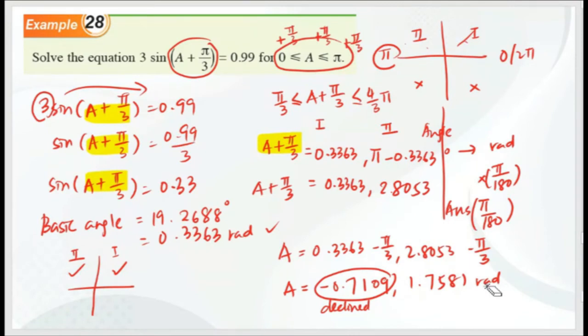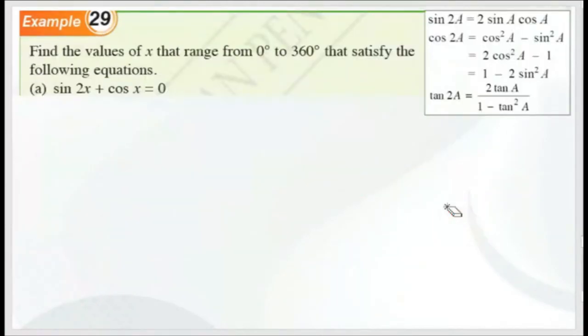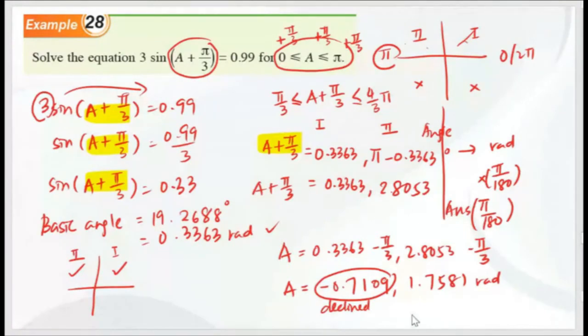Why does it decline? Later I will show you again. So we continue, we don't waste our time first. We hold on first.